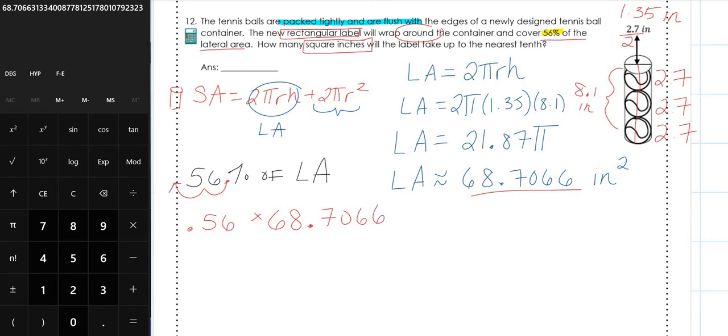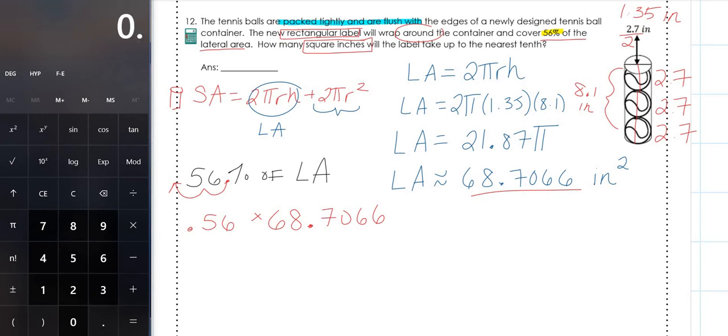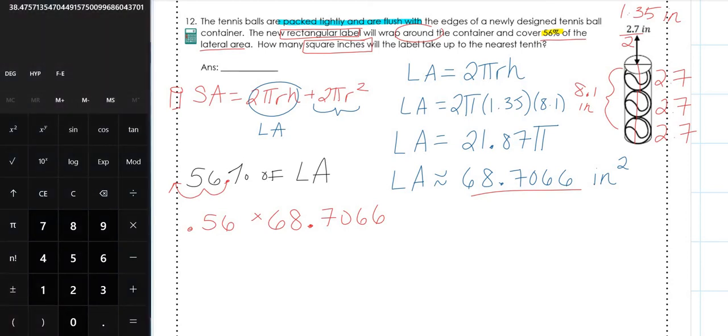Now, since I've left it in my calculator, I haven't really had to round yet. I rounded when I wrote it down, but not in my calculator. So now I'm going to multiply what's in there times 0.56 to get 56% of that. Equals. Now 38.47, so on and so forth. Let's see how they want me to round. They say to the nearest tenth. Okay, so to the nearest tenth, that's where the 4 is.